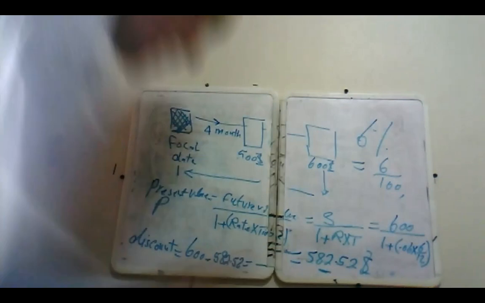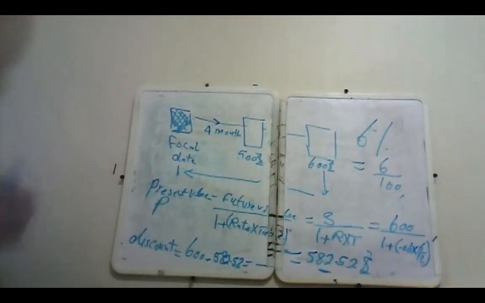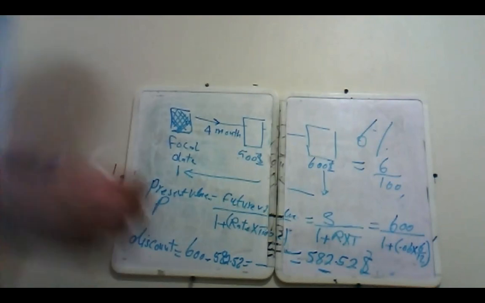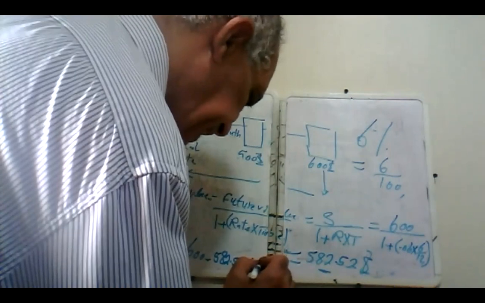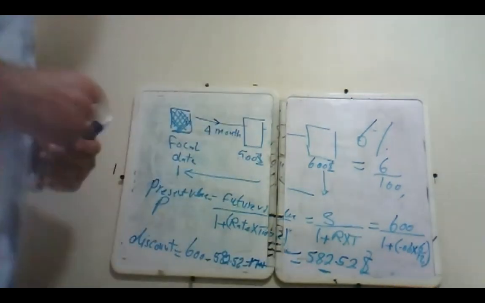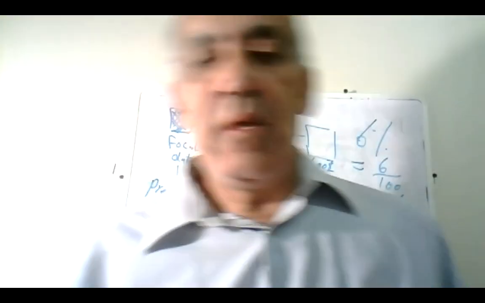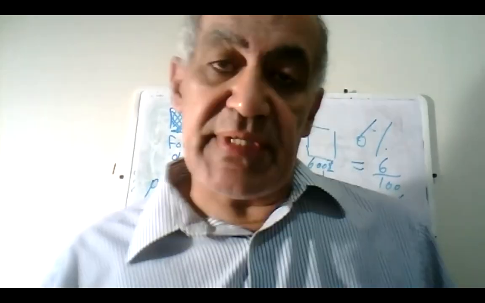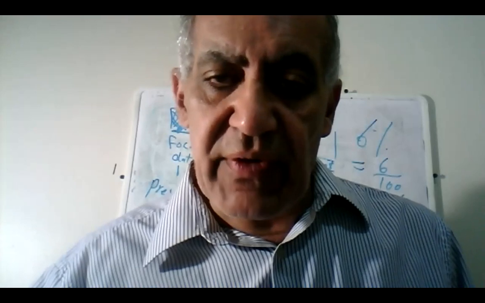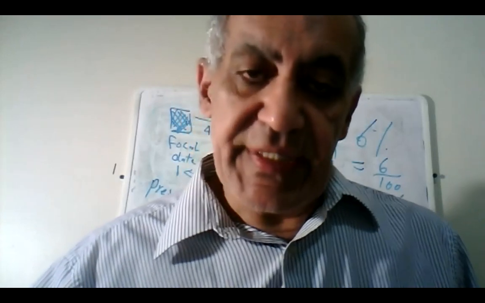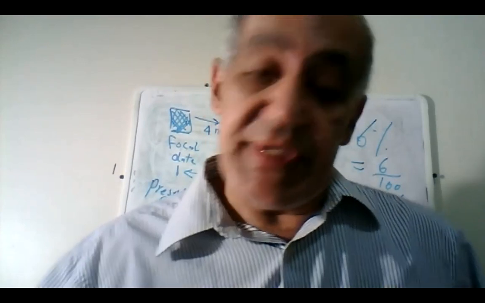We calculate it and get the rest, which is $17.48. So the nominal value minus the present value gives you the discount. This was the case where the focal date is before the maturity dates.